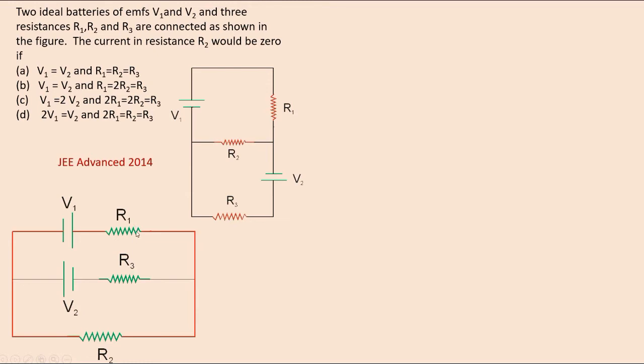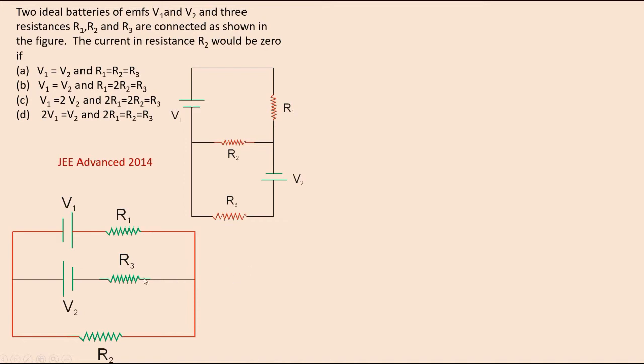R1 and R3 you can consider to be internal resistances, and they play the role of independent resistances R1 and R3. That makes no difference if they are separate resistances. This is the resistance R2 here.